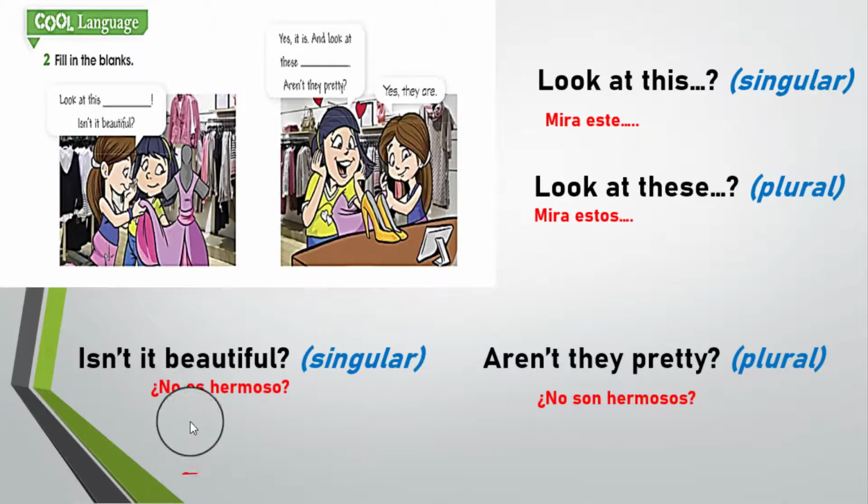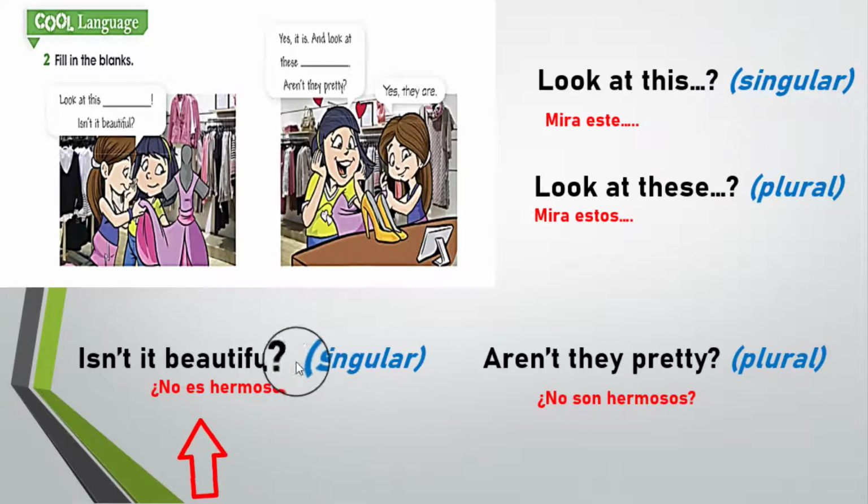Ahora mira acá. ¿Cómo decir algo que es hermoso? Pay attention. Isn't it beautiful? Bueno, significa no es hermoso, ¿no? ¿Ok? En referencia a lo que has mencionado acá, al objeto en singular.